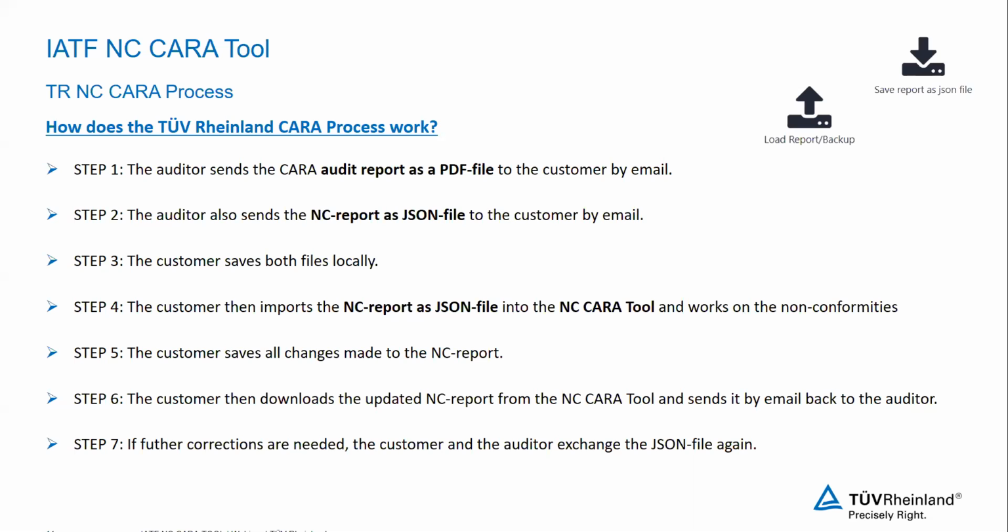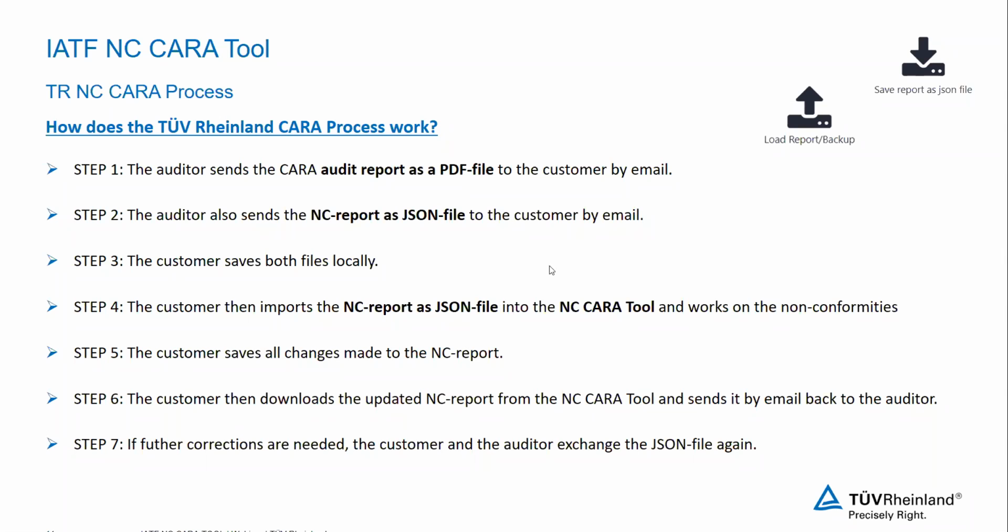And then the auditor again imports your updated NC report into his CARA tool and looks at your information. And if there are any further corrections needed or some clarification or additional documents, your auditor will get in touch with you again by email, and you may need to update your JSON file again.